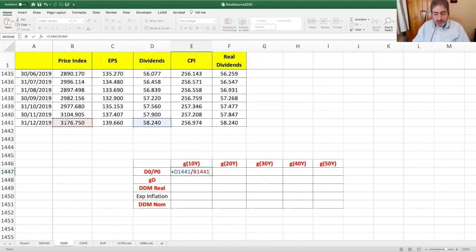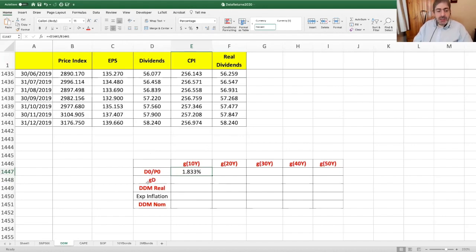Sorry, I keep saying today, it means the last available number that we have. So we are assuming that we are on the 1st of January, we are still a bit hungover and we are doing this calculation, no? At the beginning of the year, the dividend yield is 1.8%.